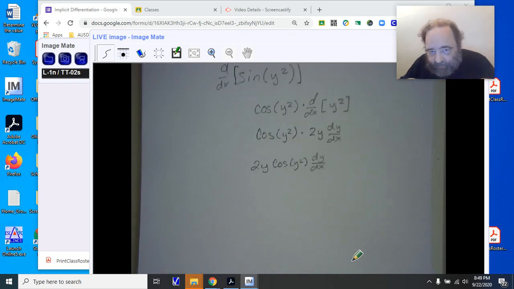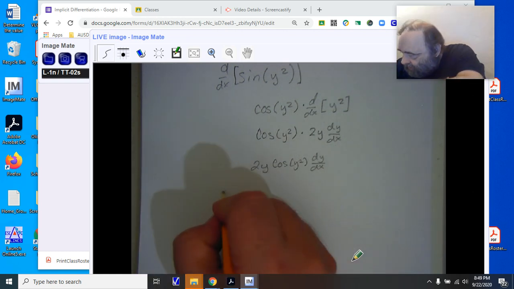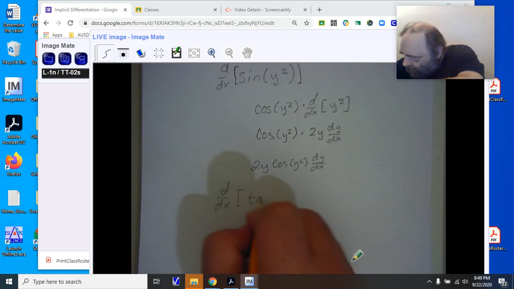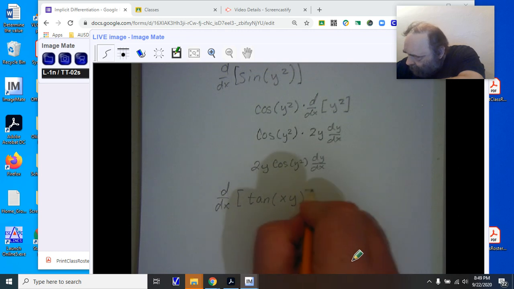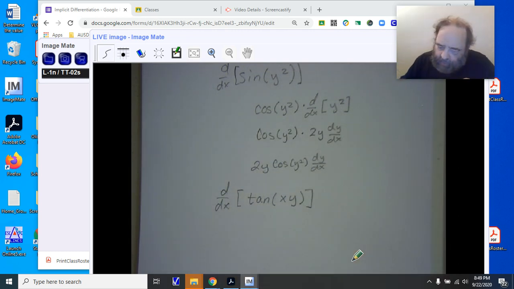Nice and complex. Now we can do almost anything. So let's do d dx, and we're going to work with the tangent of xy. Once again, trying to keep it very simple. We don't want to take it up too big. The larger they get, the worse they get.